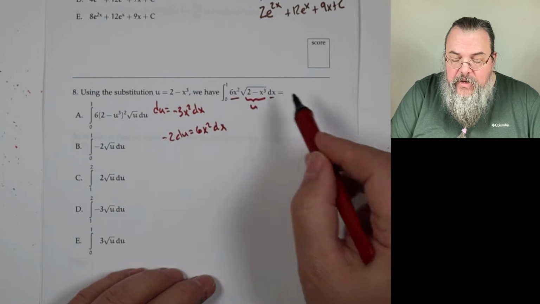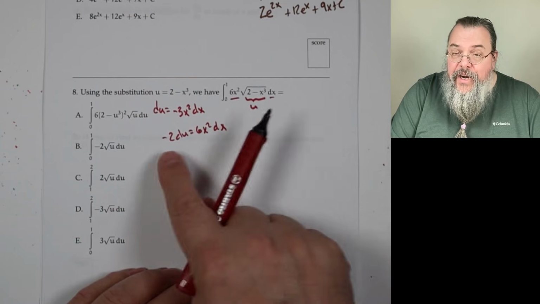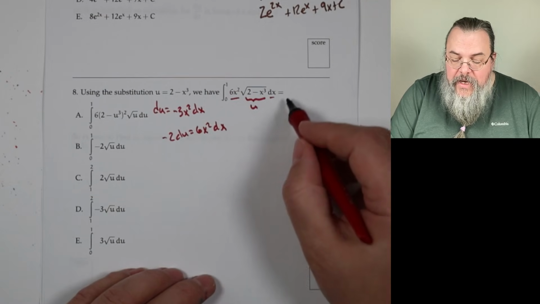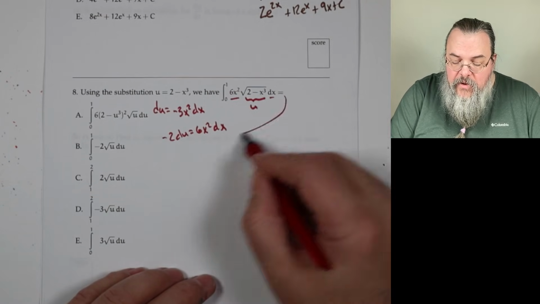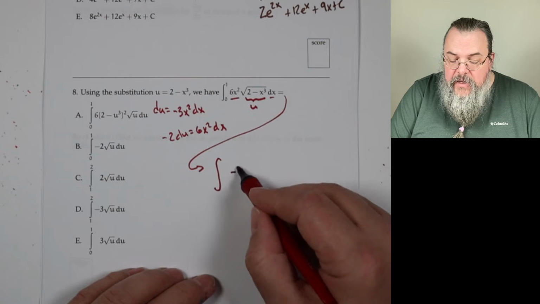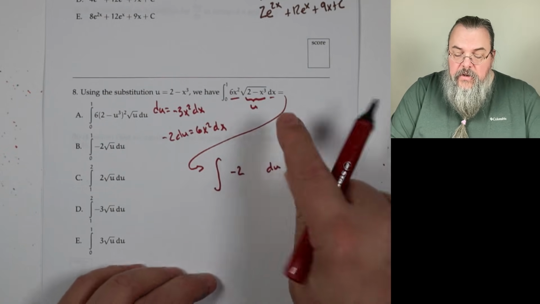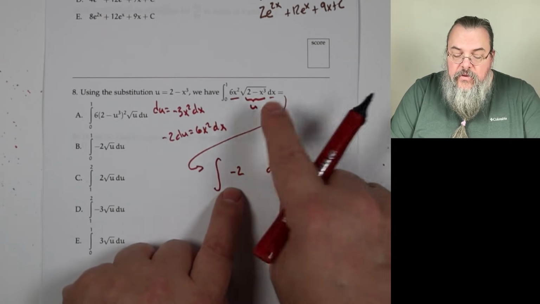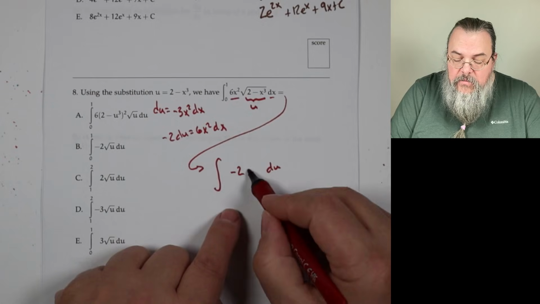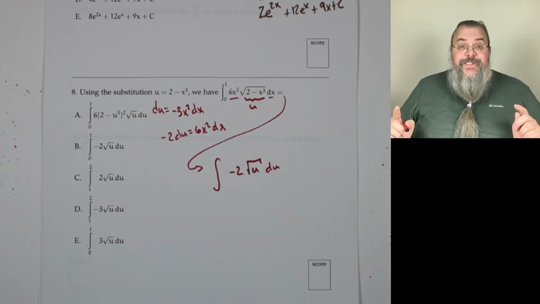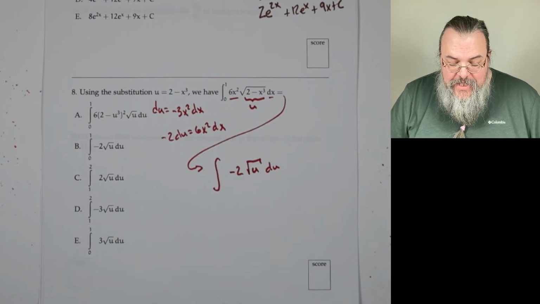So 6x squared dx is going to become minus 2 du. So what do we have? Well, this becomes the integral of minus 2 du, right? That's our 6x squared dx, minus 2 du, square root of 2 minus x cubed, square root of u. Okay, we're looking promising, looking very promising.